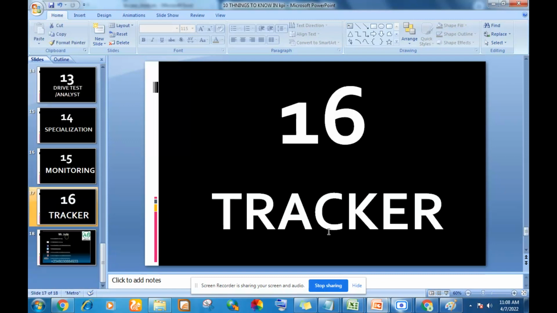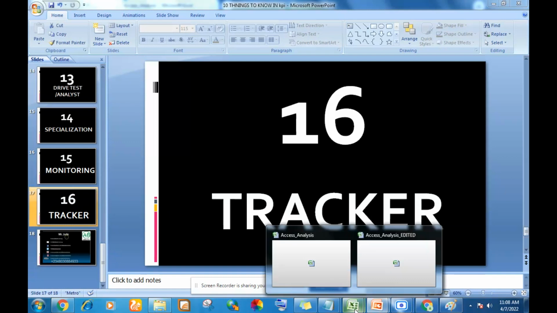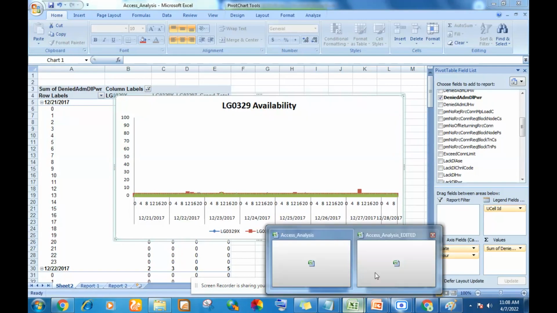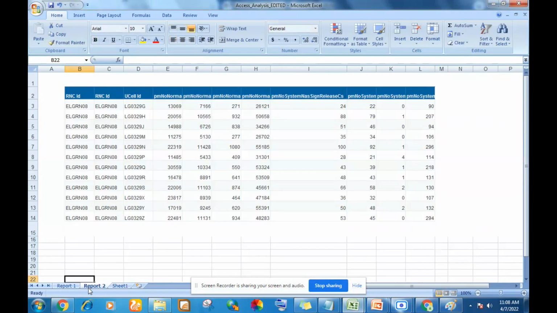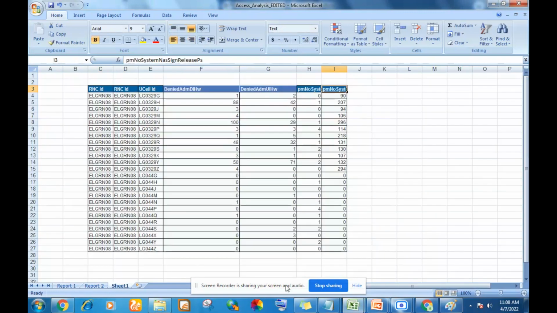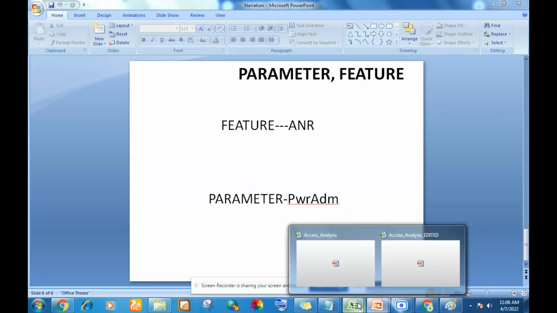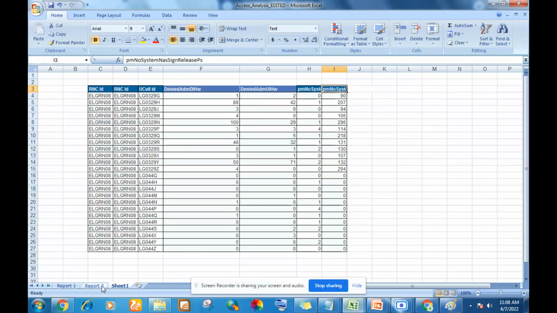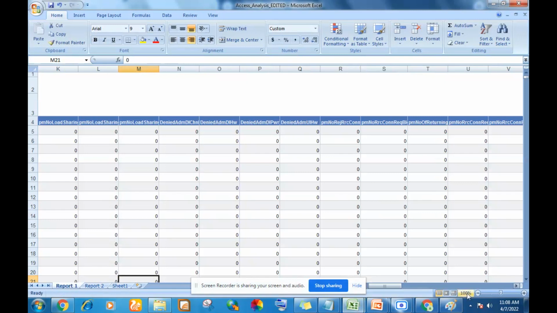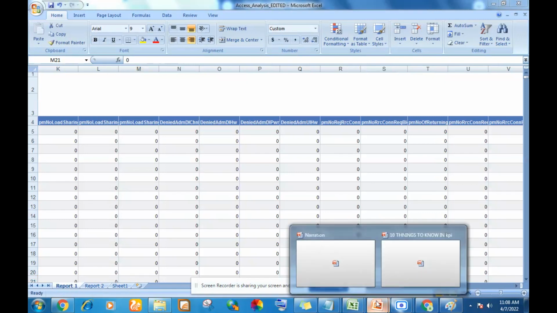Finally, it's very, very important for every KPI optimization engineer to keep track of what he's doing. You need to keep track of your daily routine work. If you don't, you will not be able to know your achievements and your forecast.